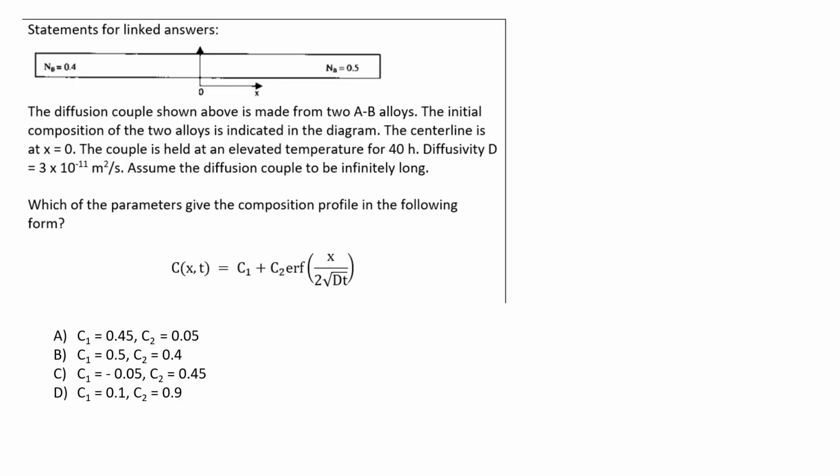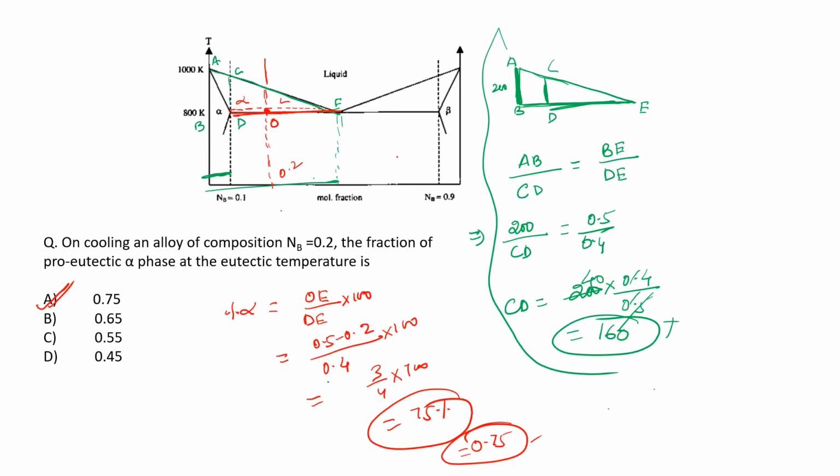Next question is, the diffusion couple shown above is made from two AB alloys, right? A and B, right? The initial composition of the two alloys is indicated in the diagram. The center line is at x equal to 0. The couple is held at an elevated temperature for 40 hours.